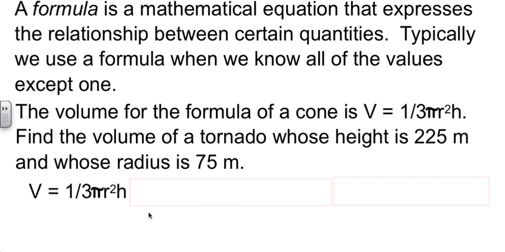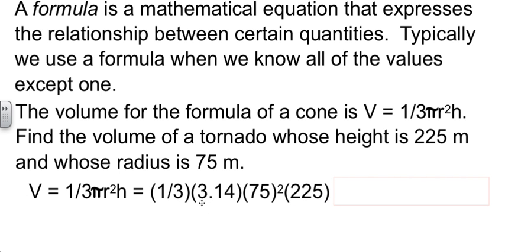So we're going to plug in the values that we know. And I went ahead and put 3.14 for pi. If you want to use just the pi button on your calculator, that's fine. You'll get a slightly different answer than I did, but that's okay. Now it's just a matter of cleaning up the arithmetic. 1/3 times 3.14 times 75 squared times 225.